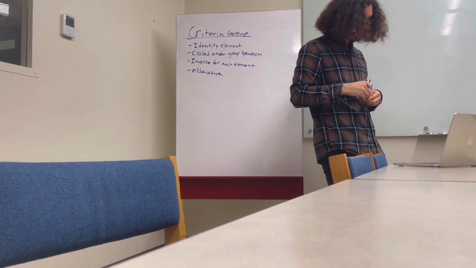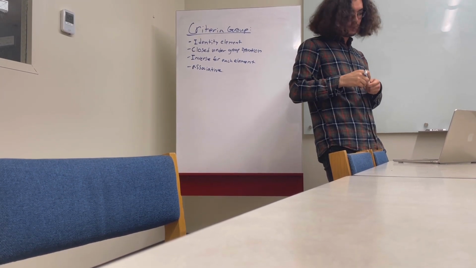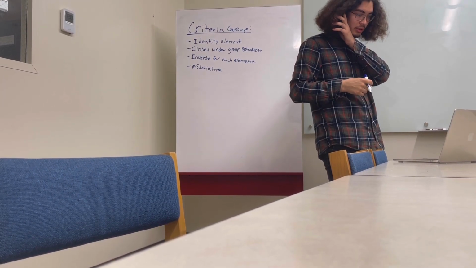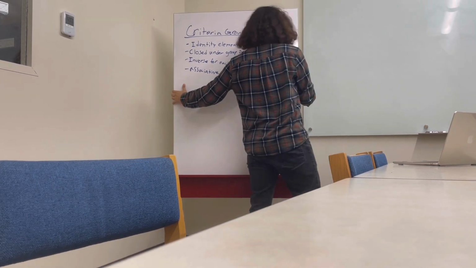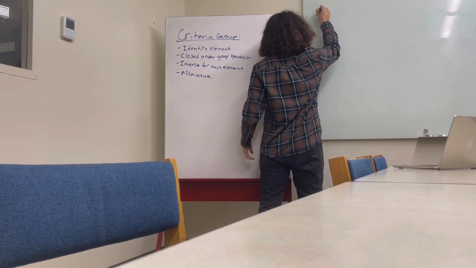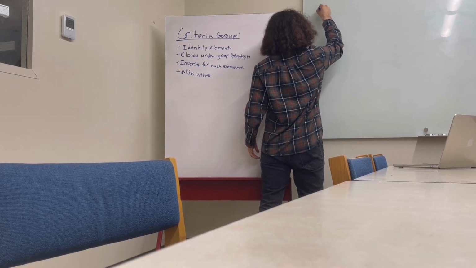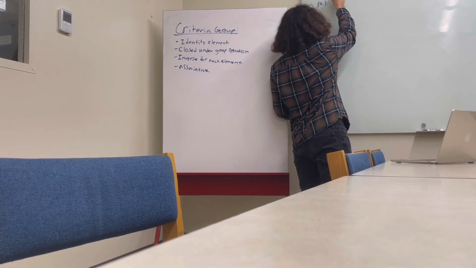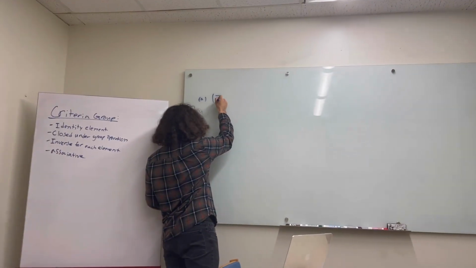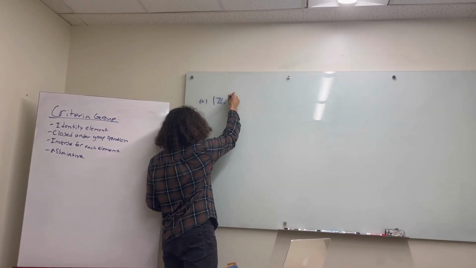So we're going to go through a few examples right now to make sure that we fully understand what a group is. So the first example we have is going to be Z under addition.